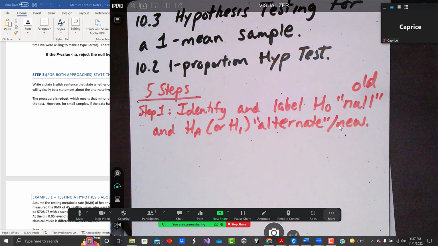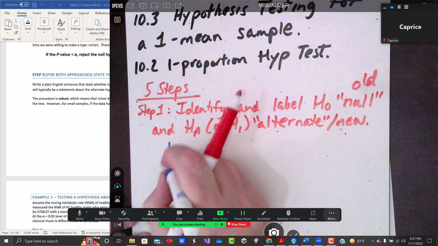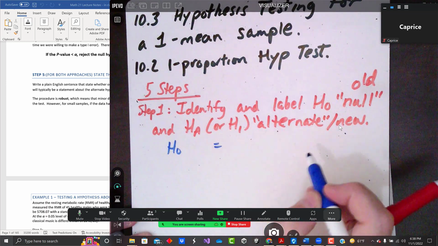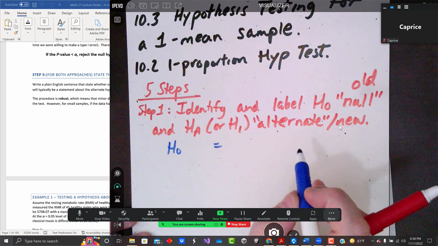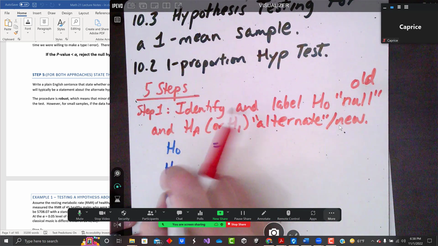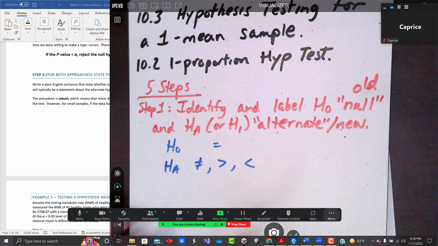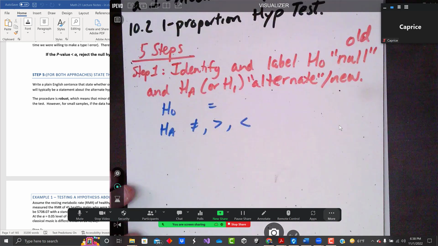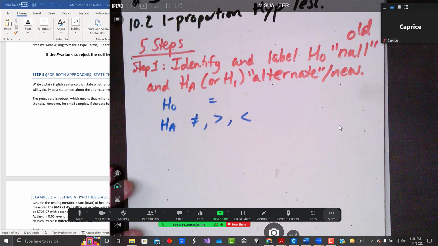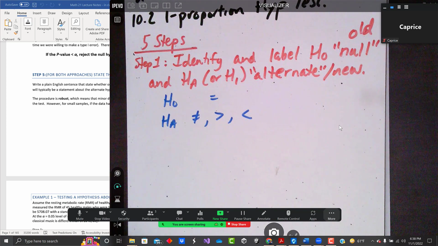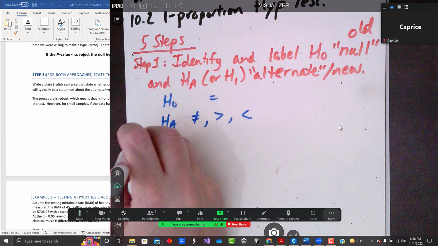As a reminder, H naught will have an equal sign in it somewhere, and HA is an inequality. It will either have not equals, greater than, or less than. And then step 2 and step 3 are kind of interchangeable.